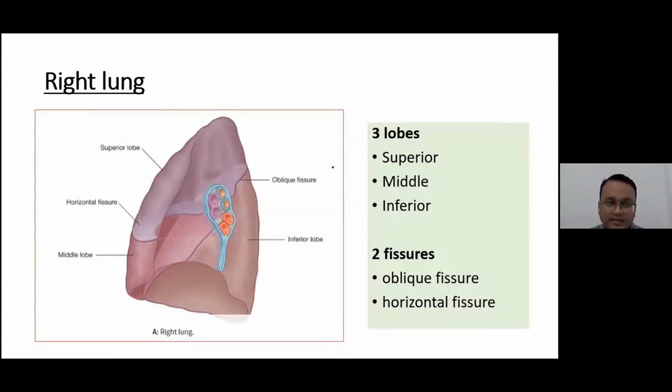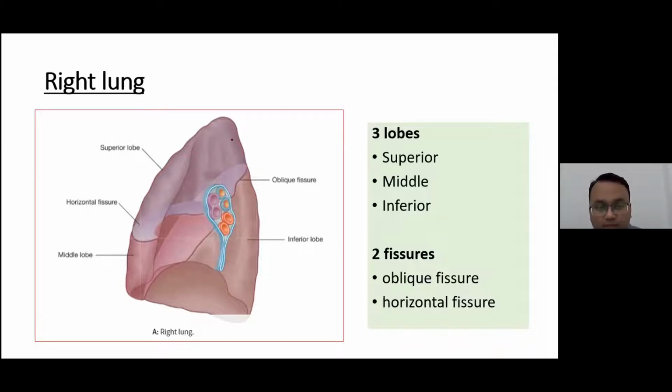A little bit on the differentiation between the right lung and the left lung. The right lung has three lobes and two fissures: the superior lobe, middle lobe, and inferior lobe.